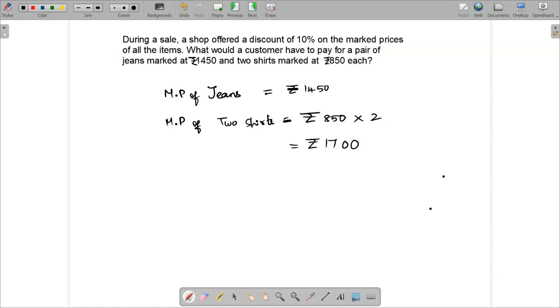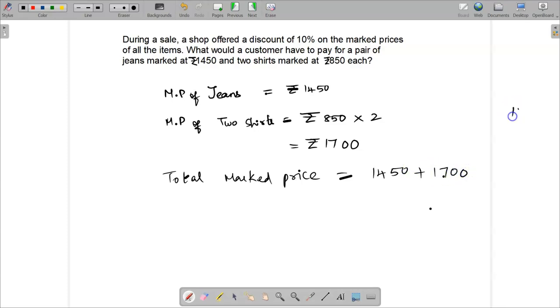Okay. So the total marked price of both the jeans as well as the shirts is given by 1450 plus 1700.